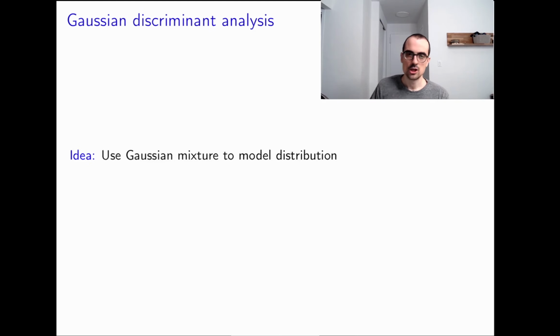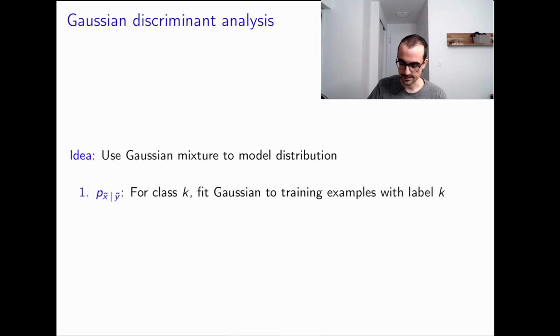Let's move on. So in Gaussian discriminant analysis, what we're going to do is model the features using a Gaussian mixture model that incorporates the class as a discrete random variable. That's the idea. Okay, so we're going to, oops, this should be an f, right? Yes, this should be an f.